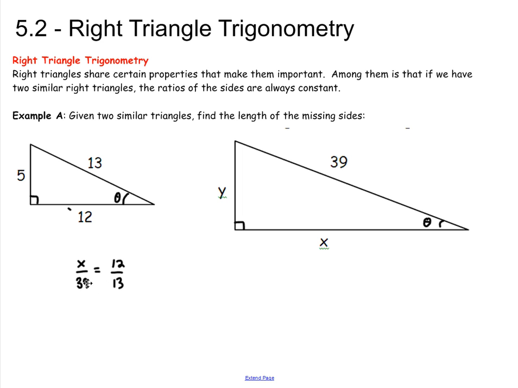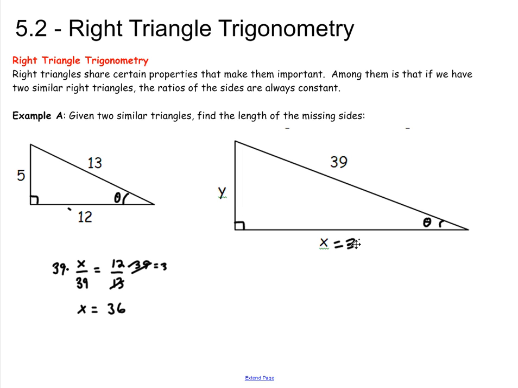We could just do a little bit of algebra right here. Multiply both sides by 39 and get x is equal to 39 divided by 13, which gives you 3, and 12 times 3 is 36. So that makes the length of side x equal to 36.